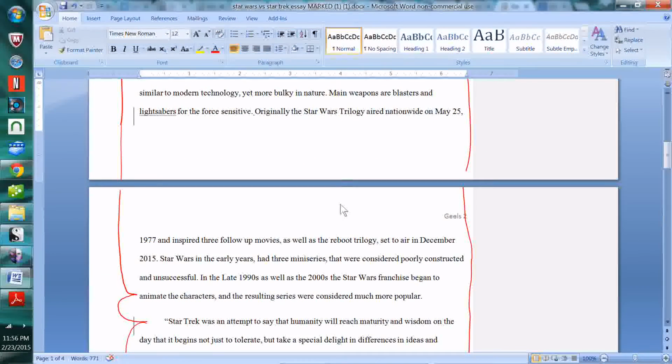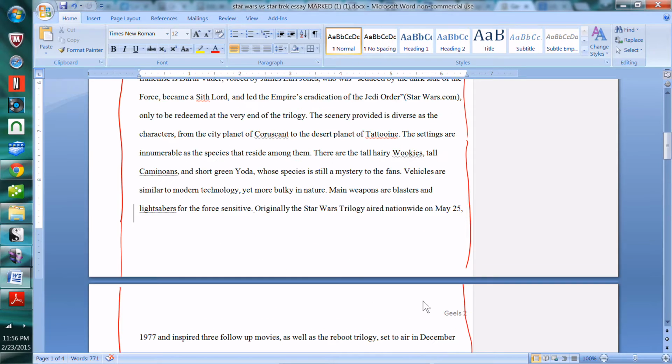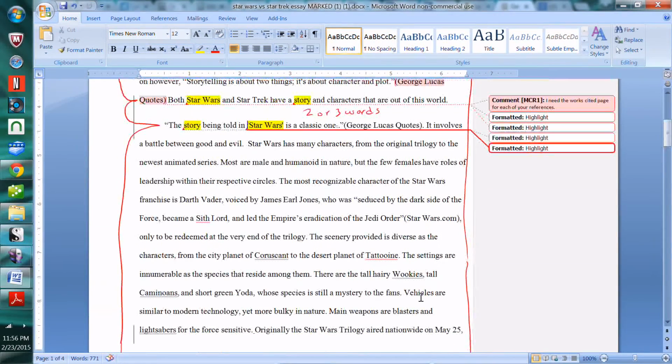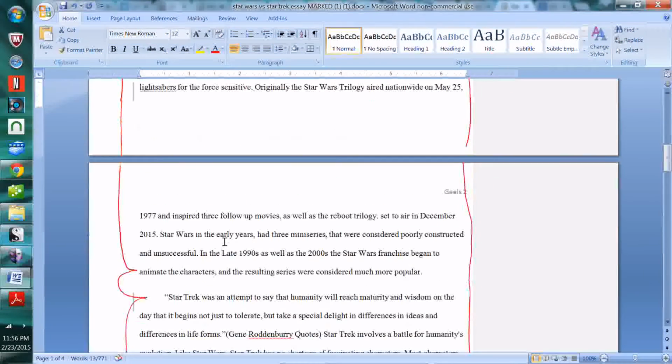And we've got to go all the way down here. In the late 1900s as well as 2000s, the Star Wars franchise began to animate the characters, and the resulting series was considered much more popular. I am going to take this, just because it's so far away, I'm going to copy it.